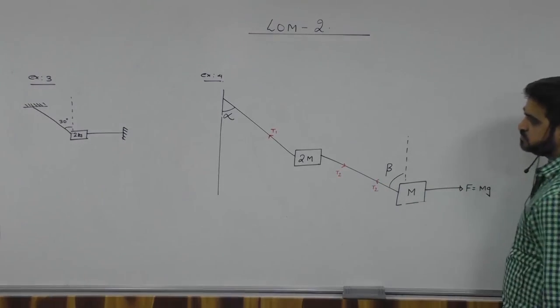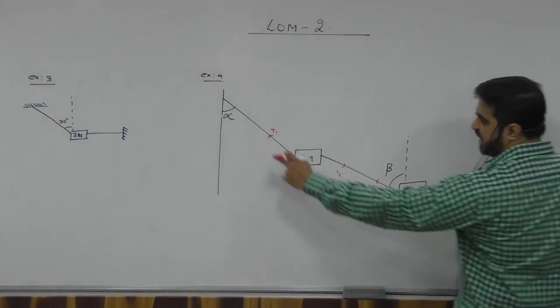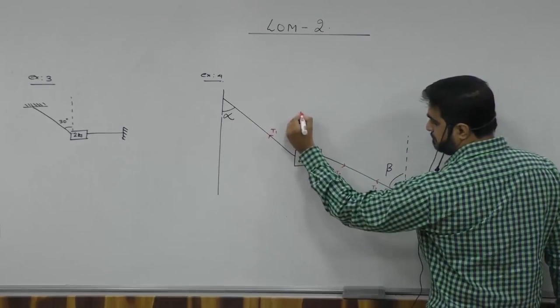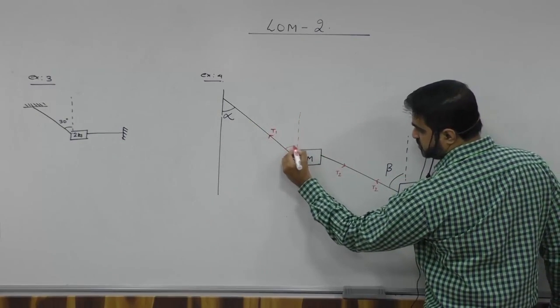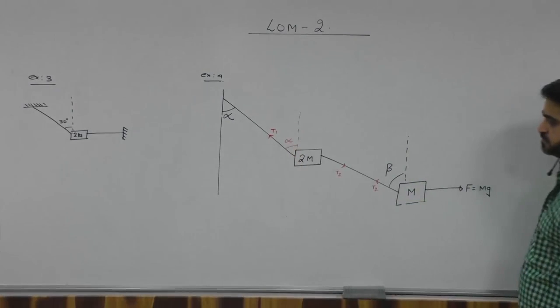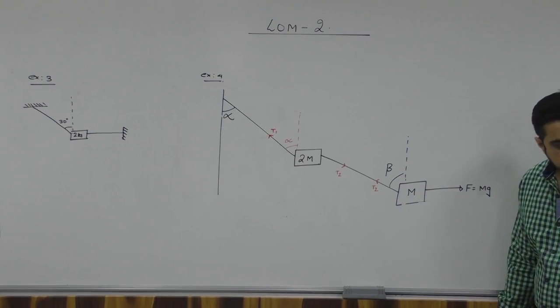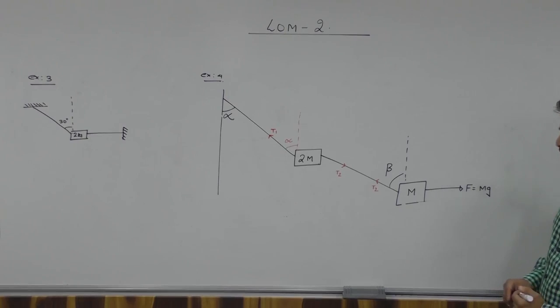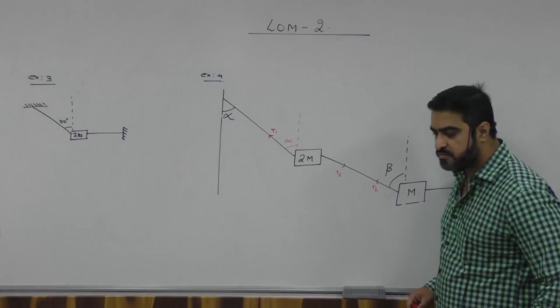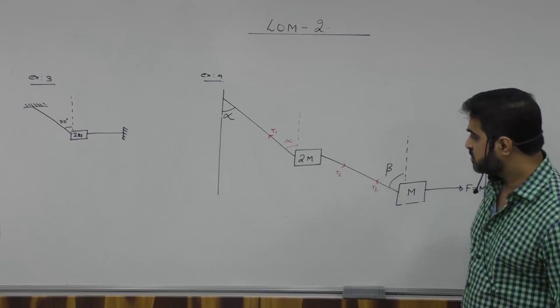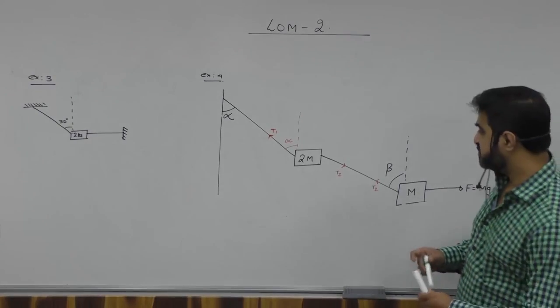Right, now beta? We know this angle is alpha given. So this angle will also be alpha. Is given as beta. Right? Now we are going to resolve the forces at given point.